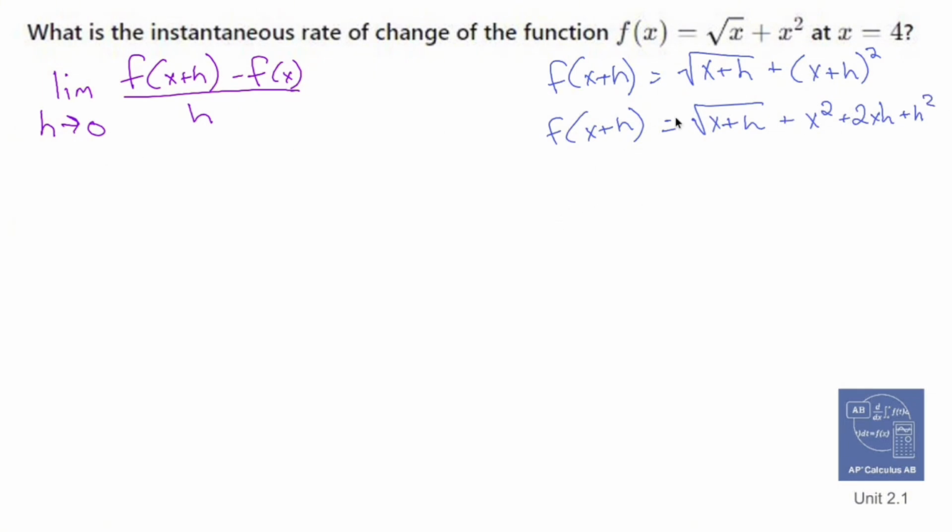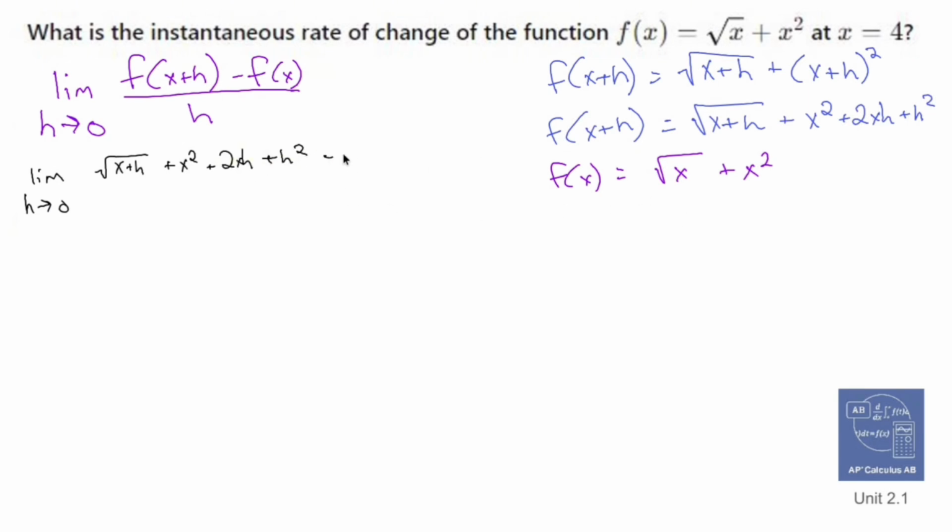Now the other one, stuff you already know, f of x, we already know is root x plus x squared, nothing wacky happens. Now we take both of these and replace them in the formula. So I have the limit as h approaches 0 of f of x plus h, which is going to be the gross square root of x plus h plus x squared plus 2xh plus h squared, right?